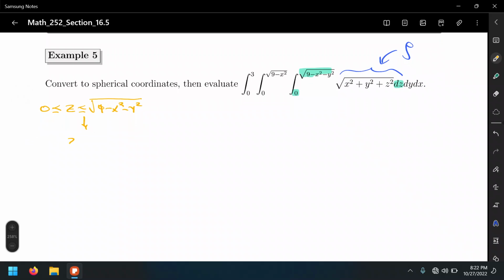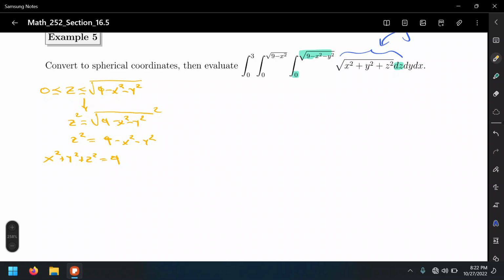This means that z is less than or equal. Let's take the equal part: z equals the square root of 9 minus x squared minus y squared, and we'll square both sides. That's z squared equals 9 minus x squared minus y squared, and having all variables on the left hand side, that's x squared plus y squared plus z squared equals 9.